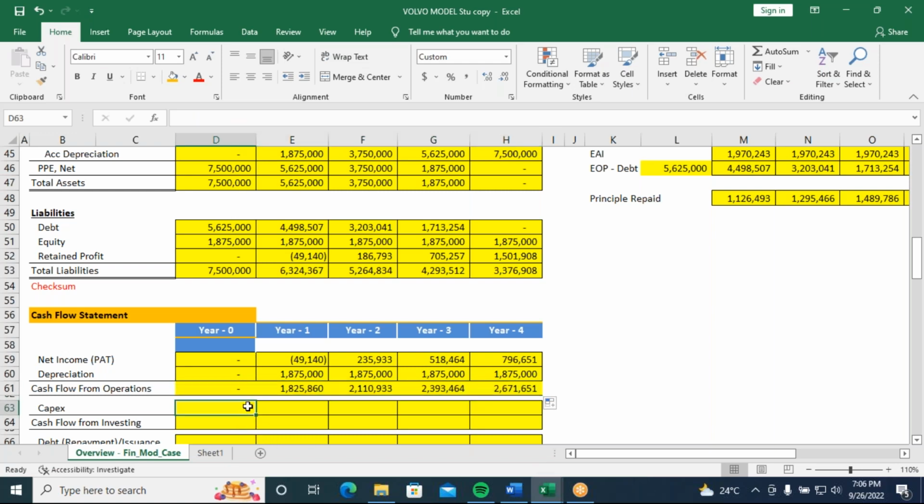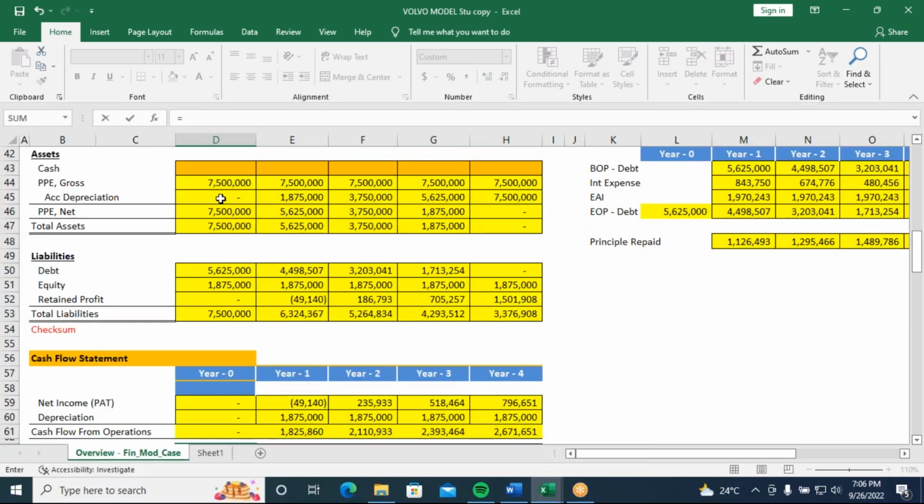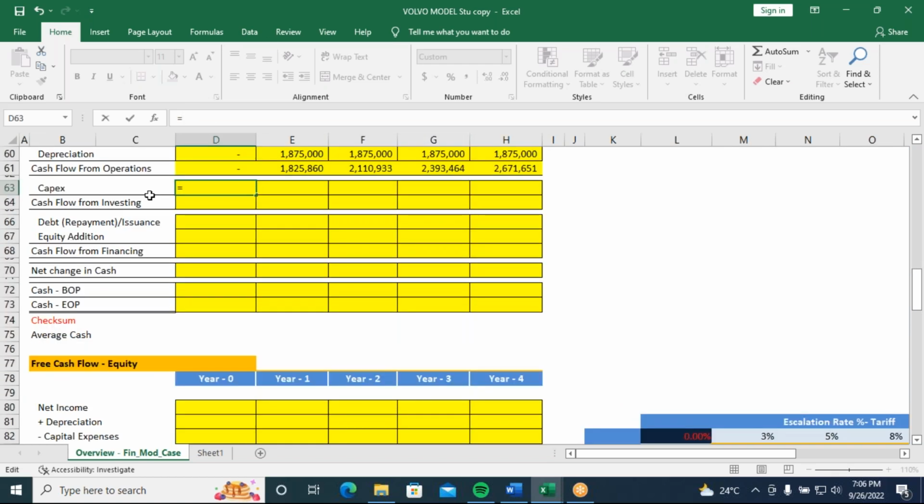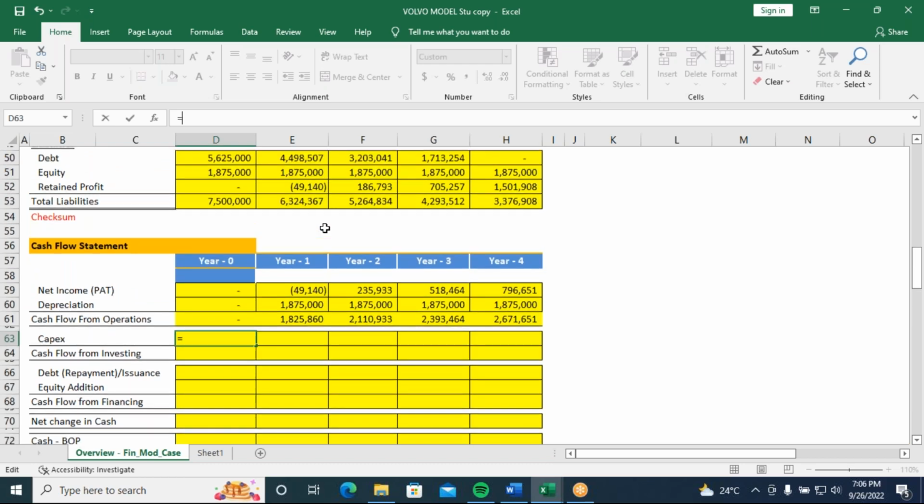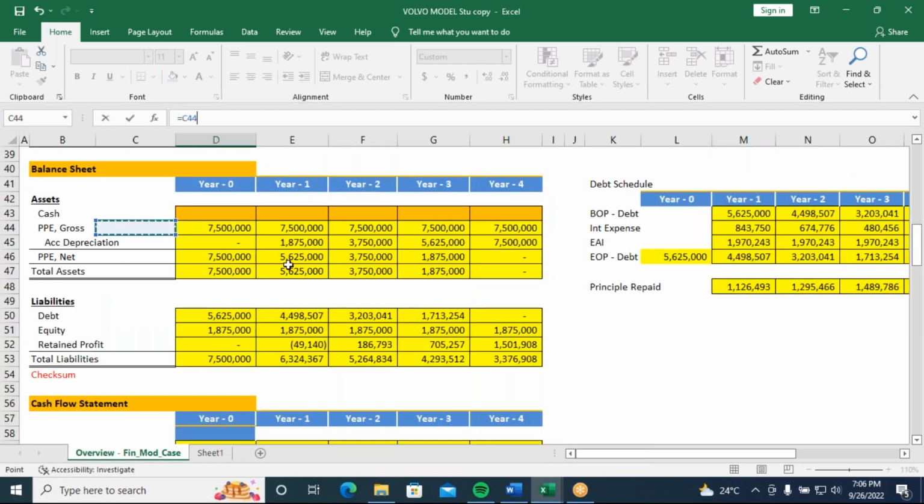Then capital expenses, that is equal to PPE gross, that is property, plant, equipment gross. Sorry. So we were calculating the capital expenses, that is the first year minus the second year value.